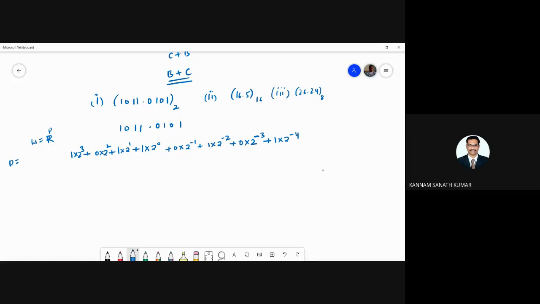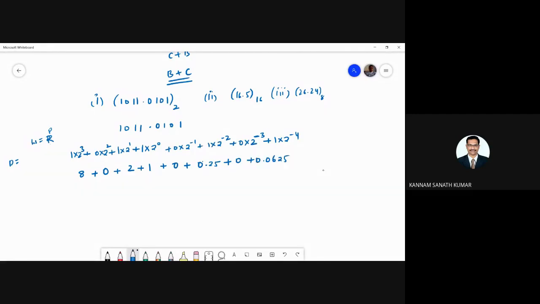So this is 8 plus, anyway 0 into something is 0, again this is 2, again this is 1 plus 0 plus 1 by 4. 1 by 4 is how much? 0.25. Again this is 0, plus 1 by 16. 1 divided by 16 is 0.0625.